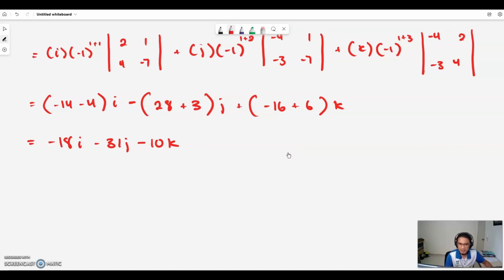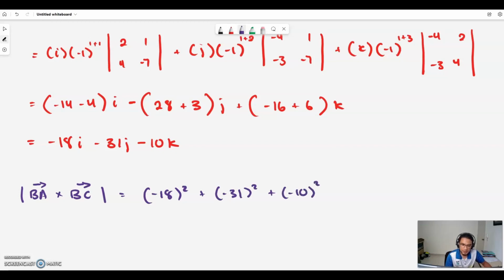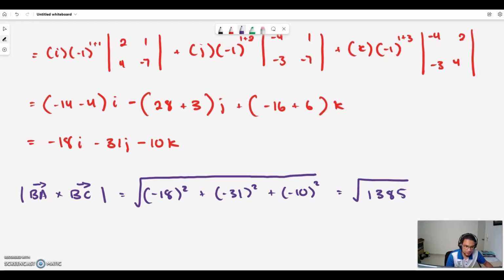So then we find the magnitude. The magnitude is the square root of negative 18 squared, plus negative 31 squared, plus negative 10 squared. So this is equal to the square root of 1385.